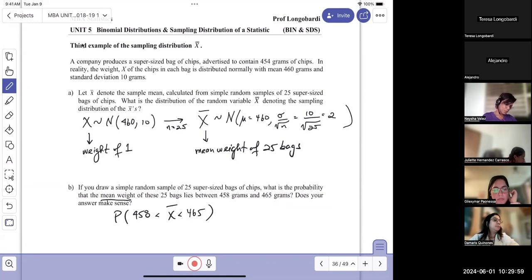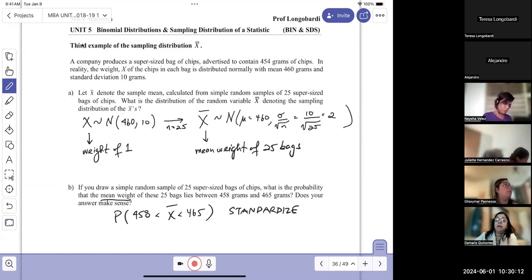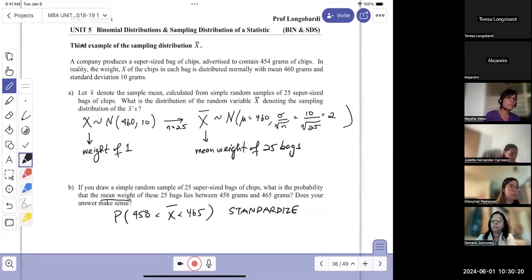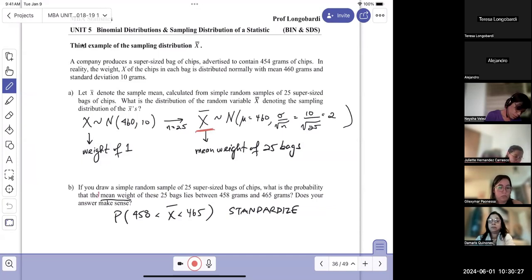We would have to get the z-scores, right? Standardize, yes, standardize. So go ahead and do it. Put your answer in the chat. Very good, Amaris. Standardize, get the z-scores, but you're doing it with X bar now, because it says mean weight.